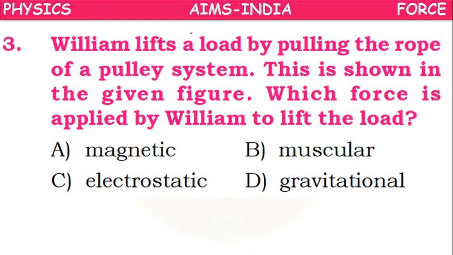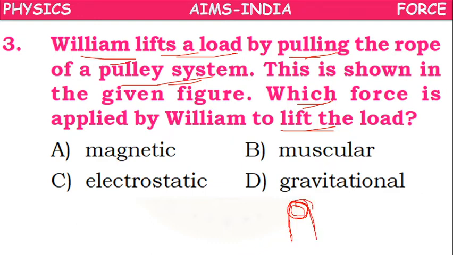Next. William lifts a load by pulling the rope of a pulley system. Here the figure is missing, children. Which force is applied by William to lift the load? Suppose here we have a pulley. A pulley means a wheel over which a rope is suspended; this system is called a pulley.